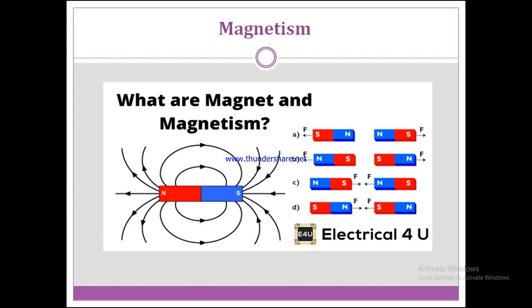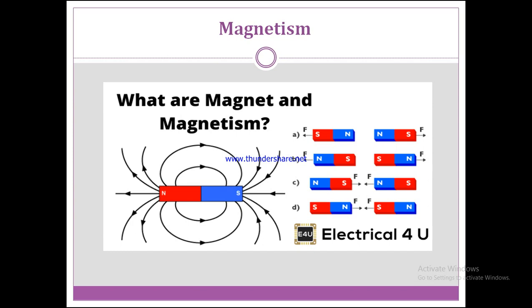When a magnet having the poles S and N and another magnet having the poles N and S are kept together, then two similar poles are near to each other.